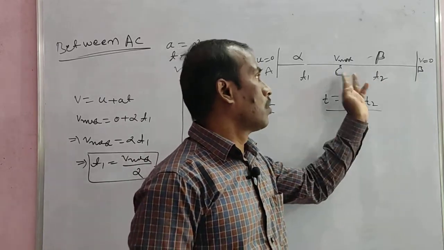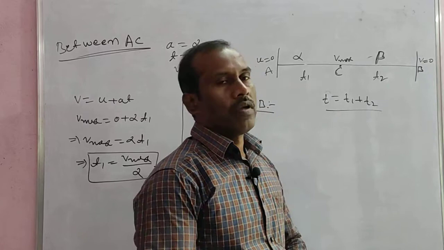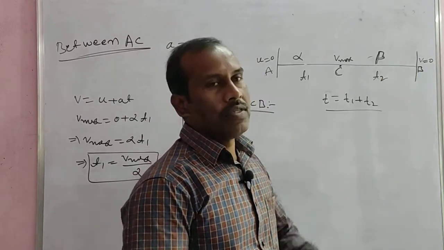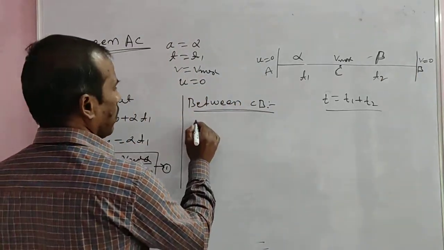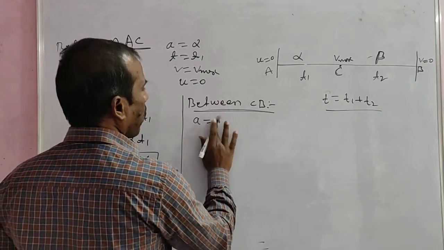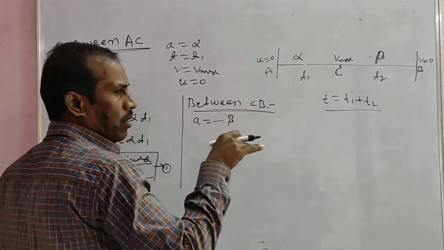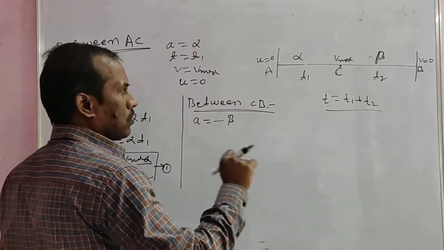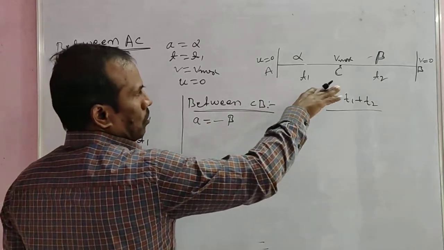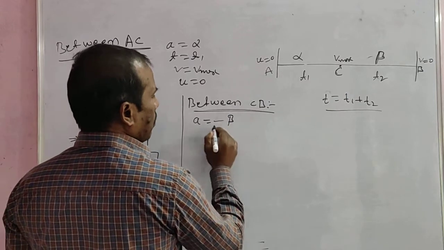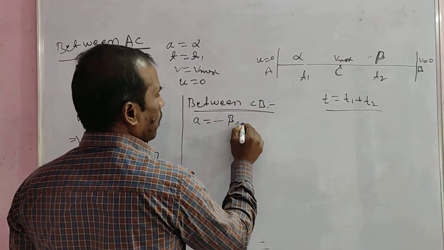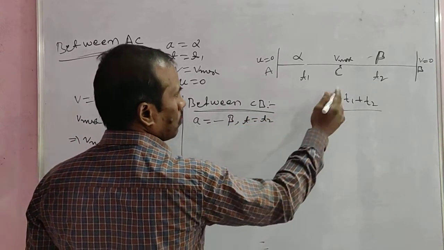Time taken to reach point B is T2. Final velocity v is equal to 0. Here a is equal to minus beta, that means the body decelerates with uniform deceleration, a is equal to minus beta, and t is equal to T2 to reach point B.